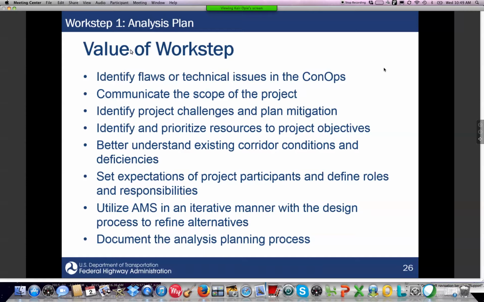This is Andy. This is a really important discussion right here about setting up the analysis plan. And it strikes me that embedded in a lot of these bullet points is how this analysis is going to incorporate transit. I think it's critical to be realistic about what transit can do in this corridor and what it can't.